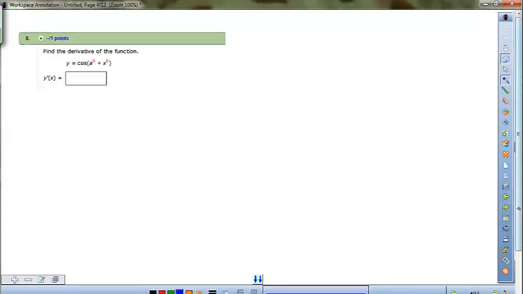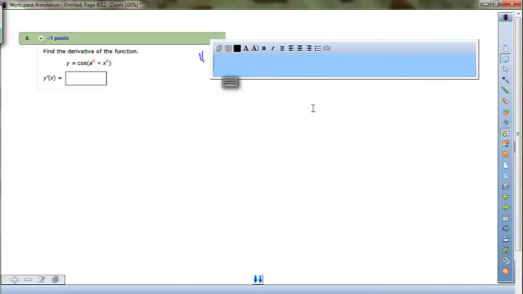Okay, same type of problem. It's a composition, and so we're going to use a chain rule. But this time, let's try thinking about working from outside in. So here is usually the phrase that I would be thinking about.